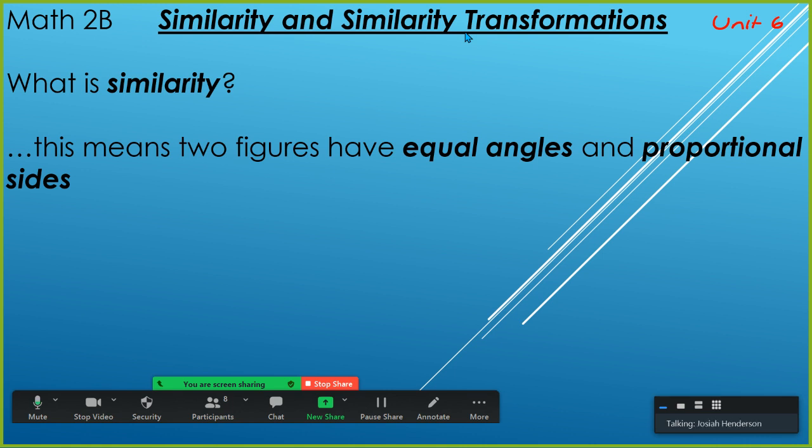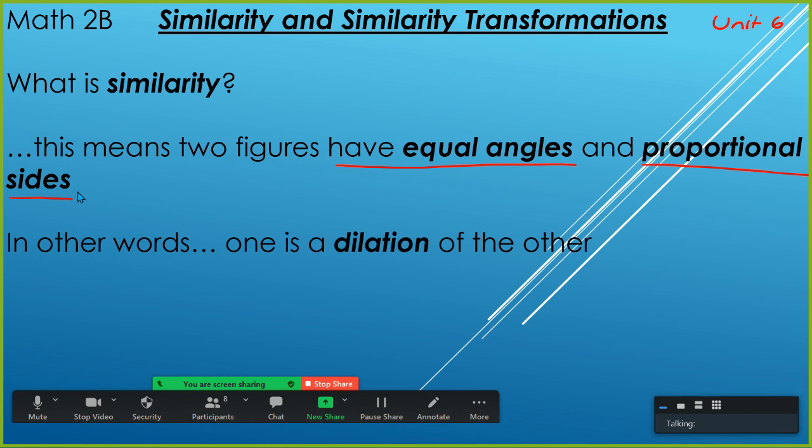Similarity means that two figures have equal angles and proportional sides. Proportional sides, this just means that all the sides have been multiplied by the same scale factor like we were doing yesterday. In other words, one of the figures is a dilation of the other.